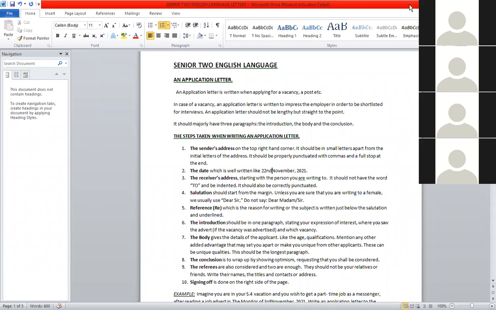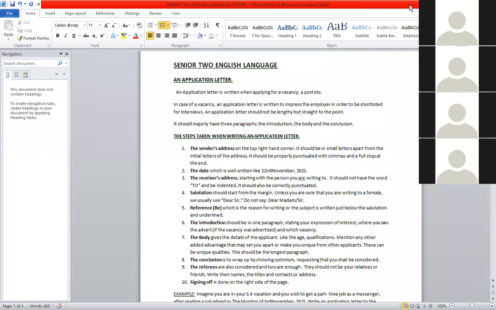You can't say mother or mommy Irene or daddy Isaac as the referee. No, mommy Irene can be a manager or can be the head teacher. So in that way, you write head teacher, but not mother or father or uncle or sister.